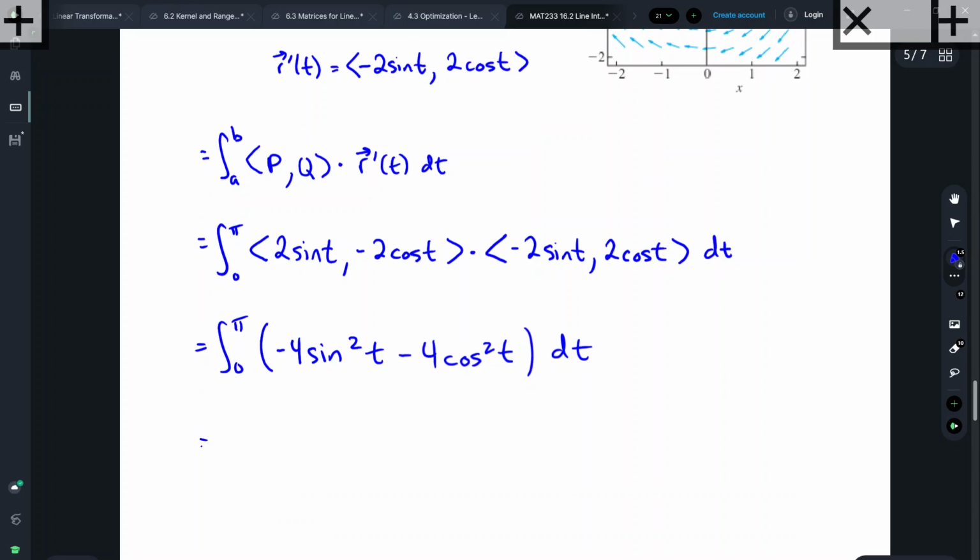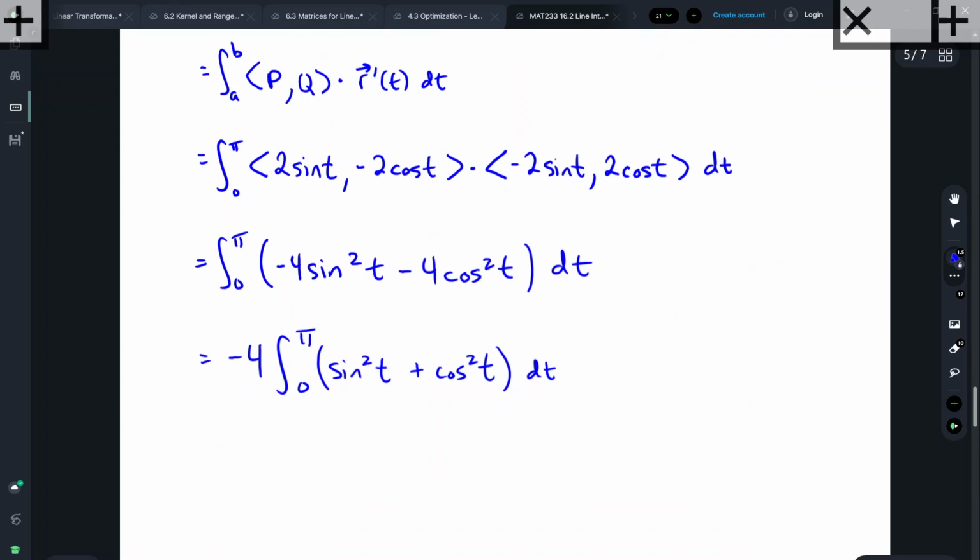Okay, so we can simplify this a little bit. I can factor out a minus 4, and then I'm left with sine squared plus cosine squared. But we know the Pythagorean identity, sine squared plus cosine squared is just equal to 1.